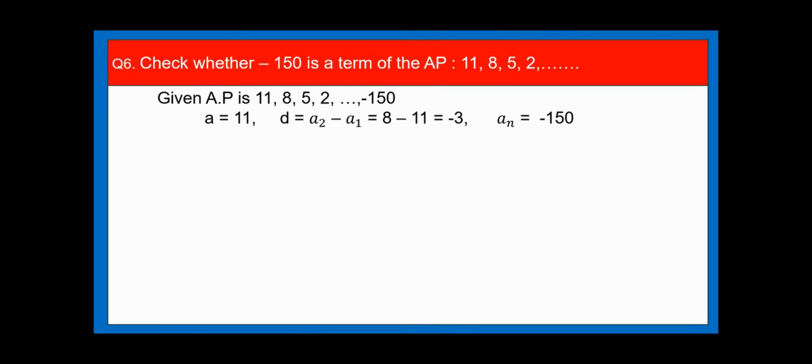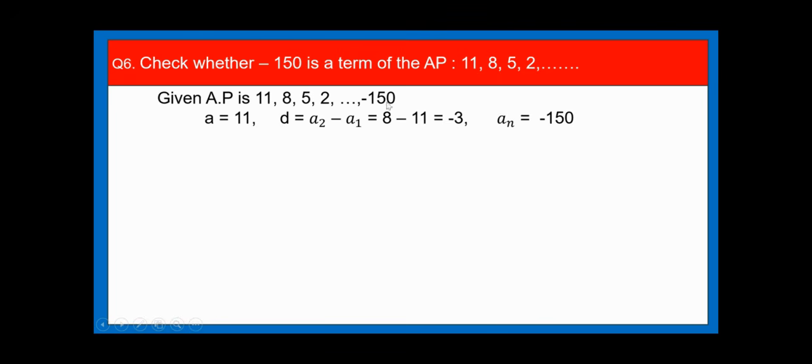Yes, good. First term is denoted by a and this value is 11, a is equal to 11. And common difference is nothing but the difference between any two successive terms. Here we consider a2 minus a1, second term minus first term, that is 8 minus 11. What is 8 minus 11? Yes, minus 3. Therefore, the common difference is minus 3.